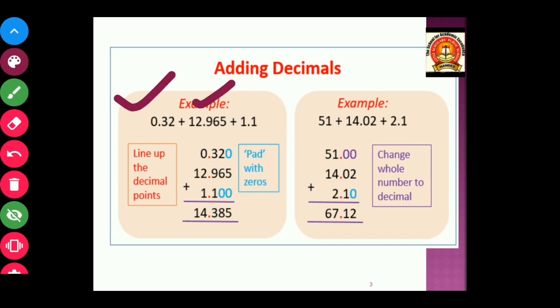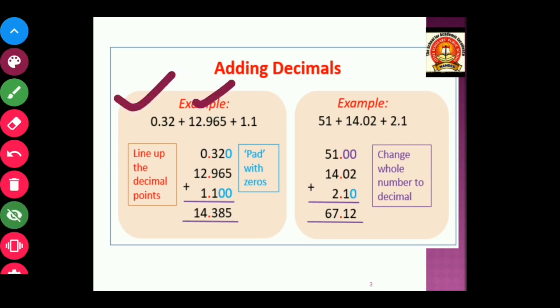So 0.32 I have written here as 0.320, 12.965 you have written, and 1.1 you have written as 1.100. Now you have all equal number of decimal places. Just do normal addition, adding the decimal places in the decimal places, and the whole numbers in the whole numbers.